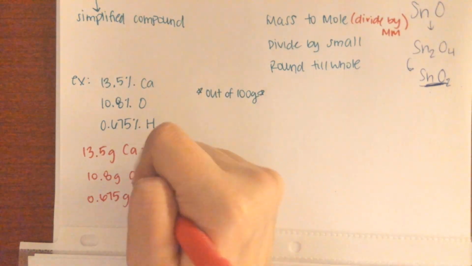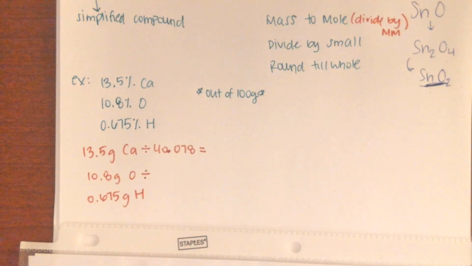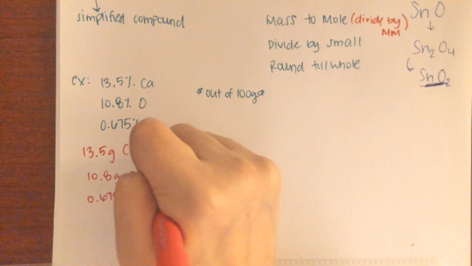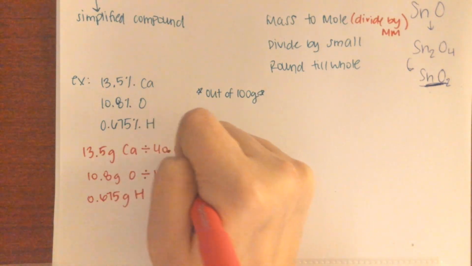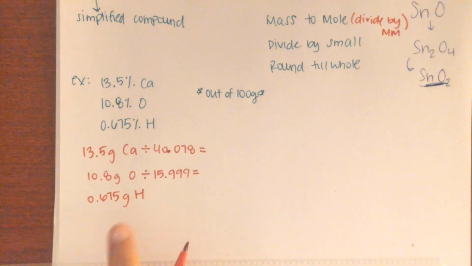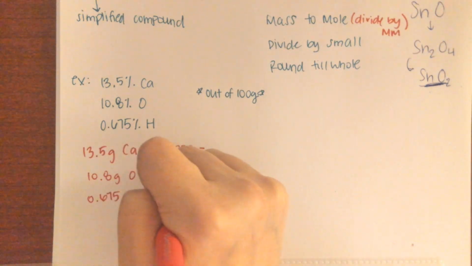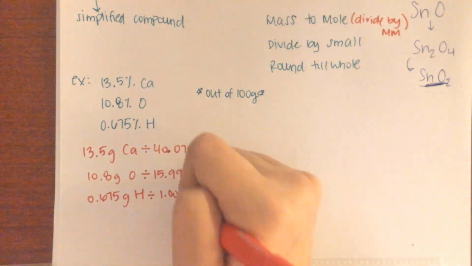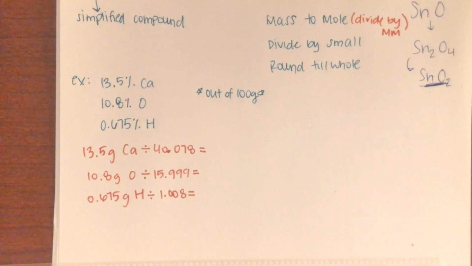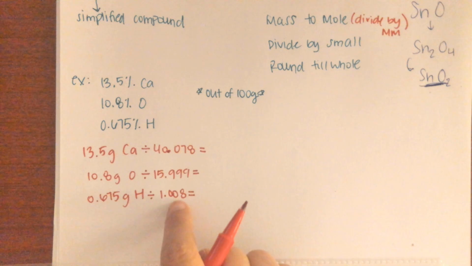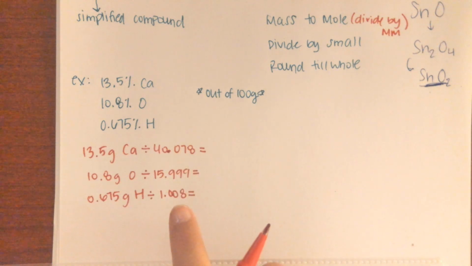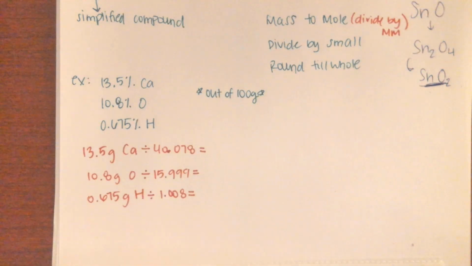We're just going to set it all up. For oxygen, we divide it by 15.999. Then hydrogen, divided by 1.008. Again, don't round. Just write it as you see it, because if you round, you're rounding too early, and that affects the entire answer.